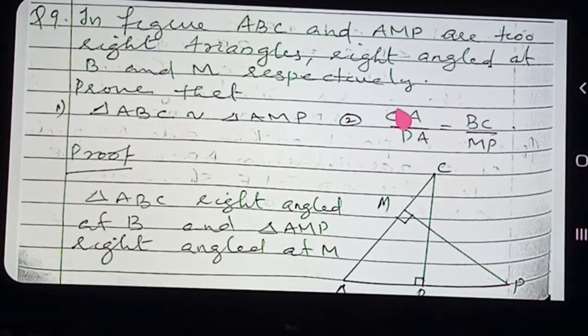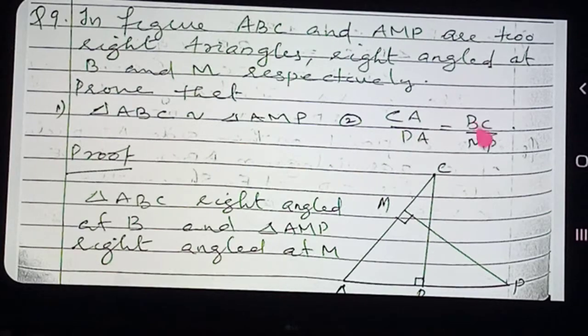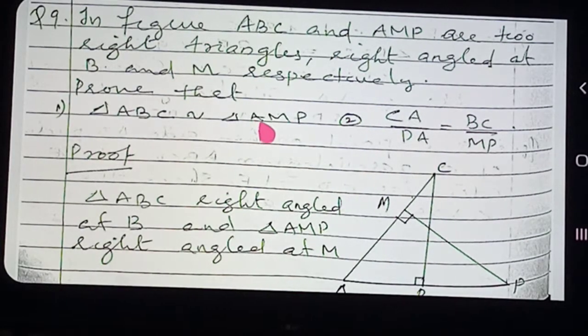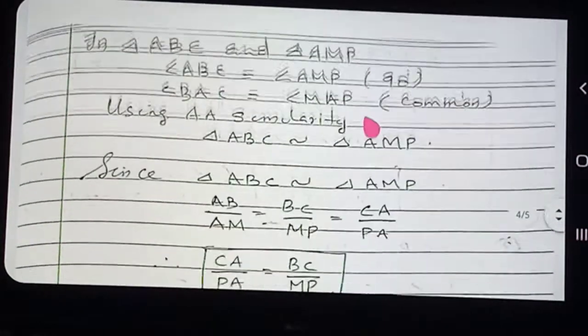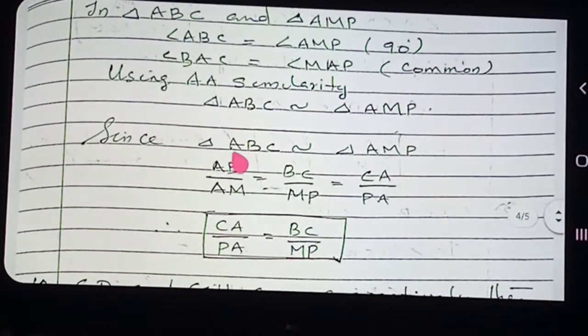Then the second part: you want to prove that CA by PA is equal to BC by MP. These two triangles are already similar, got it? If two triangles are similar, automatically all their corresponding sides are in the same proportion. So we can see the next step. See here, triangle ABC is similar to triangle AMP.